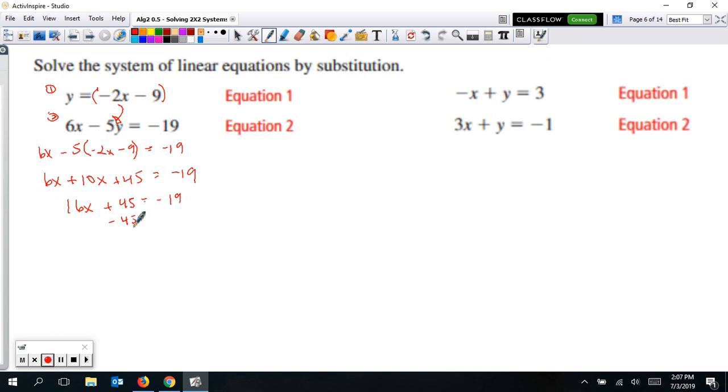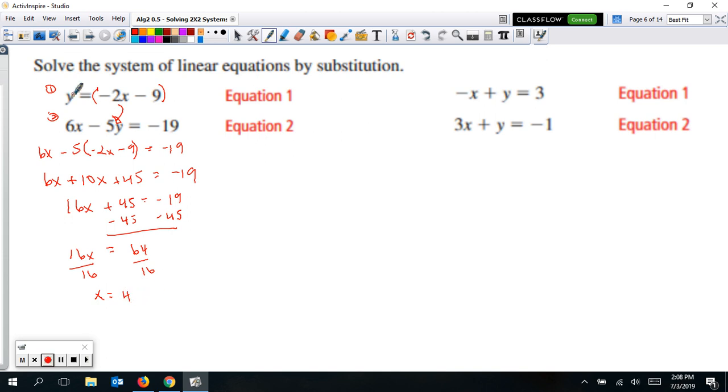Subtract our 45 from both sides. So we have a 16x now is equal to negative 64. This will add up because they're both negative. And then we're going to divide by 16. So negative 64 divided by 16 tells us what x equals. 4 times 16 is 64. So x equals negative 4.